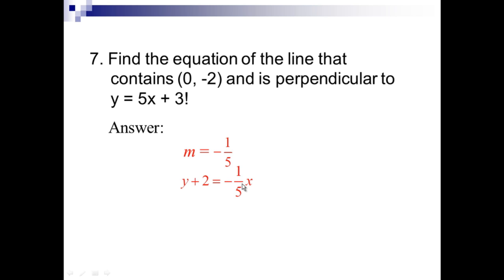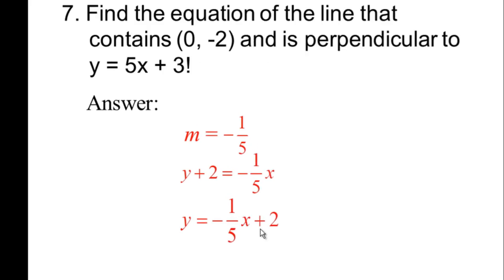After that, just substitute into the formula y equals mx plus c. So we get y plus 2 equals negative 1/5 x. So the equation is y equals negative 1/5 x minus 2.